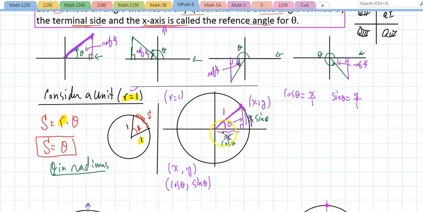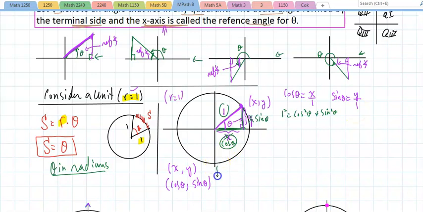So on the triangle, I could say this side is the cosine of that angle, and this side is the sine of that angle. And now if I look at a right triangle, wouldn't you say that 1 squared equals cosine squared of theta plus sine squared of theta? So that's how trig defined those identities.